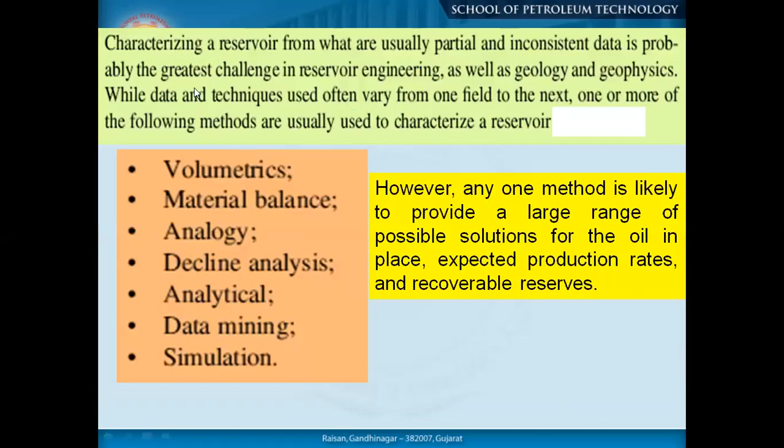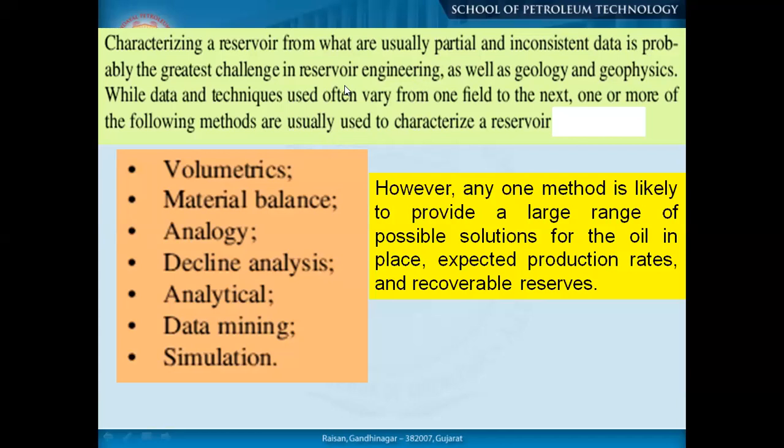Okay, so just to sum up. Characterizing a reservoir from what is usually partial and inconsistent data is probably the greatest challenge in reservoir engineering. So what we discussed during our different topics, we acquire data in a sporadic way at different times.